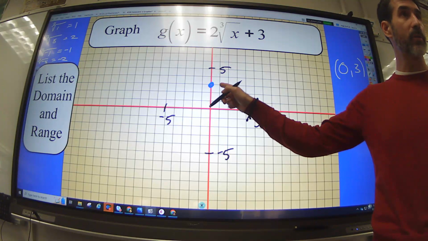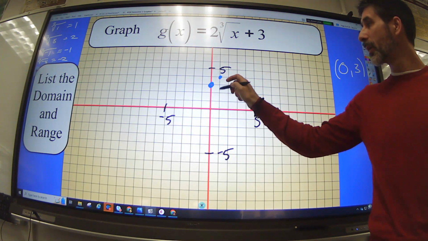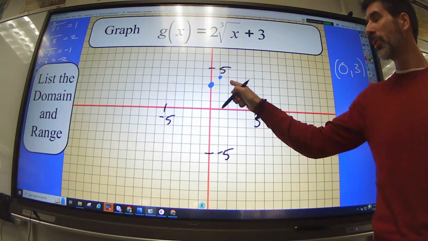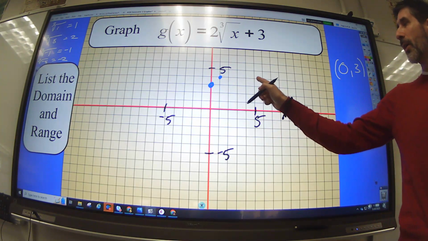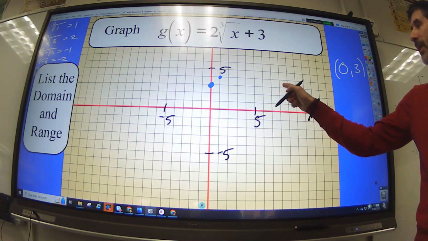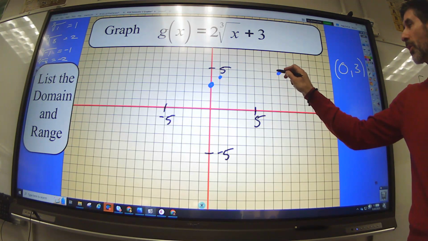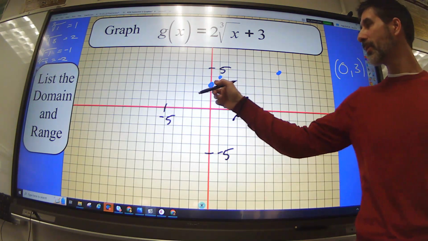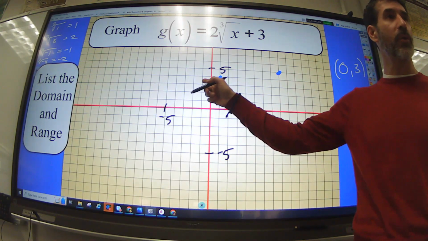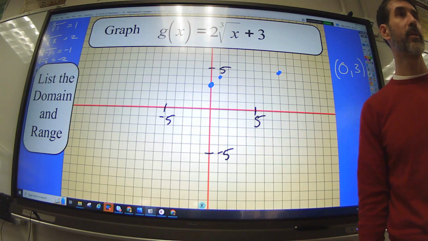Cube root of 1. 1 over 1, up 1. Cube root of 1, 2, 3, 4, 5, 6, 7, 8. What's the cube root of 8? Dos, I heard someone say. I know that means 2 in Spanish. Cube root of negative 1. Yes.